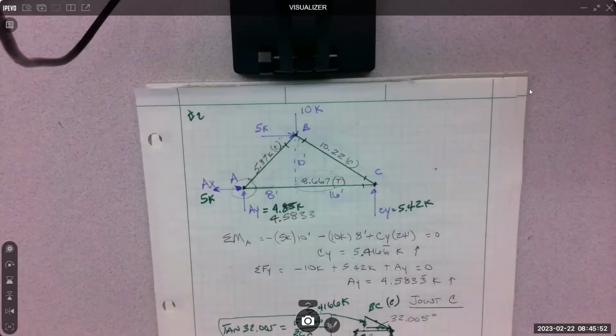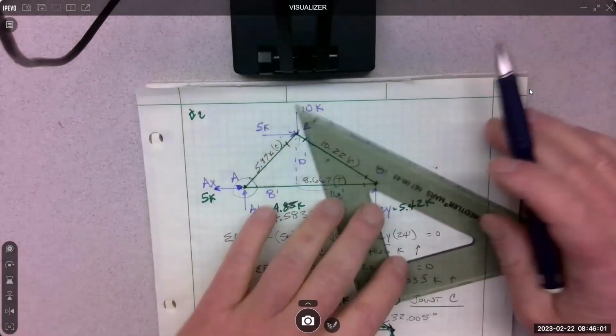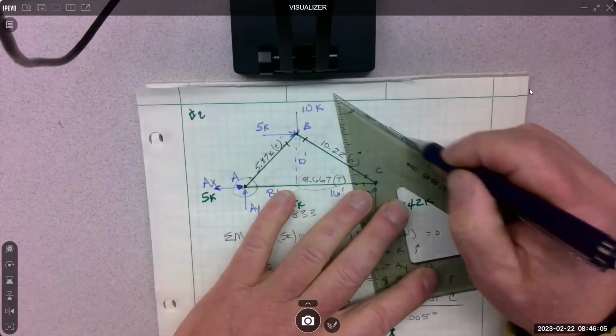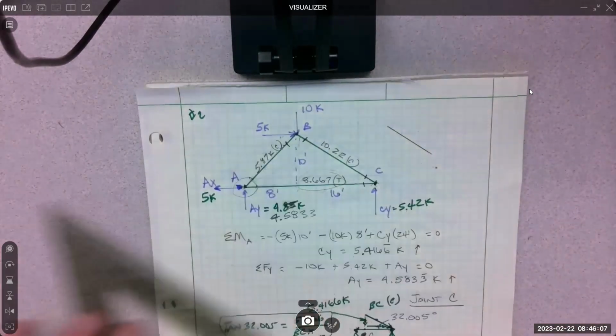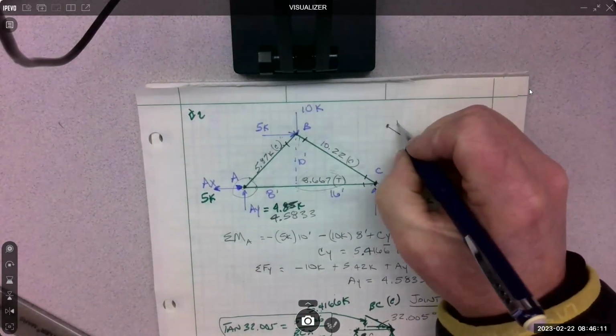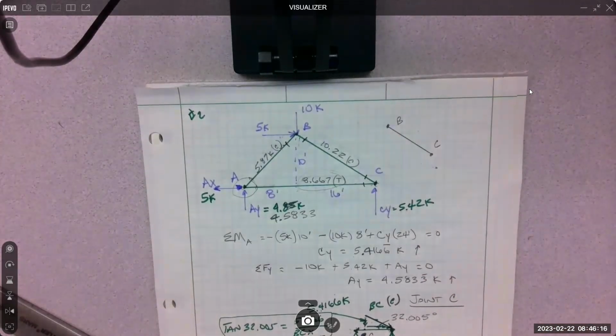All right, so I'm going to show you how this whole rule, if it points into the point, it's compression, works. I'm going to draw this member BC right off to the side, and I'm going to scale it down so it's a little smaller than it actually is, but that's point B and that's point C. Everyone see what I've done here? Just pulled that member out.